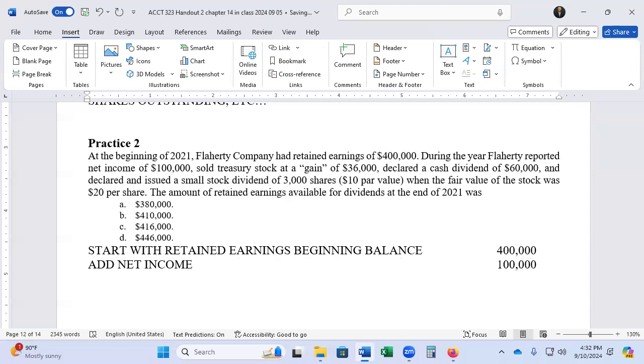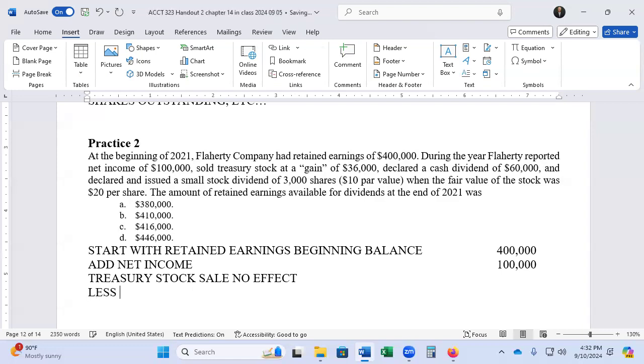Then it says sold treasury stock at a gain of 36,000. Does this have any effect on retained earnings? No effect. All right, declared a cash dividend of 60,000. Dividends do what to retained earnings?